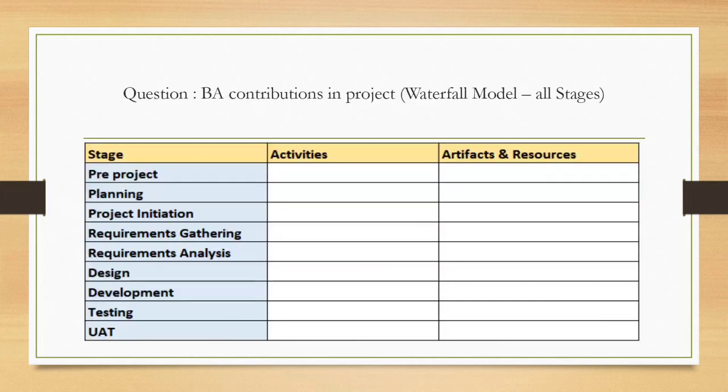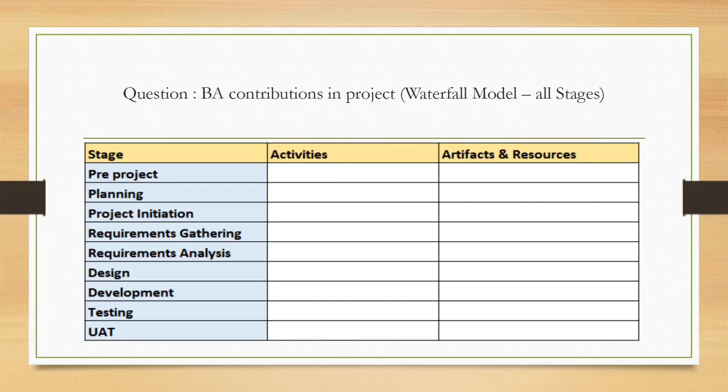And BA contributions in the project. So whatever the contributions are there for the BA in the waterfall model, for all stages you will write down the activities, what resources you have used, and what things you have done. For example, in requirement gathering, the activities are gathering the requirements, conducting meetings, and using elicitation techniques.